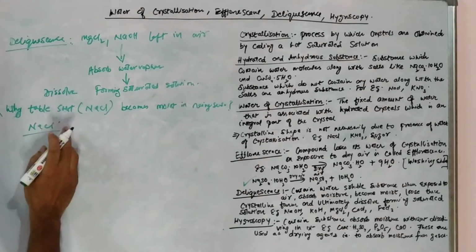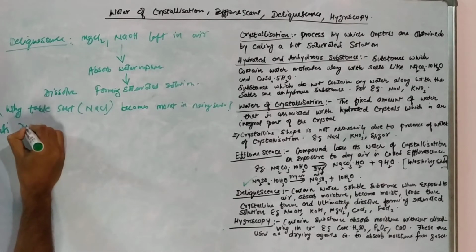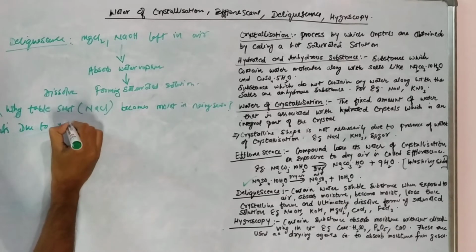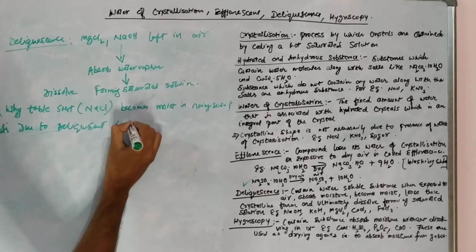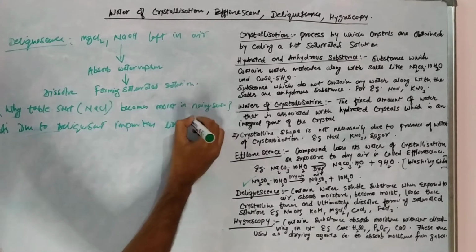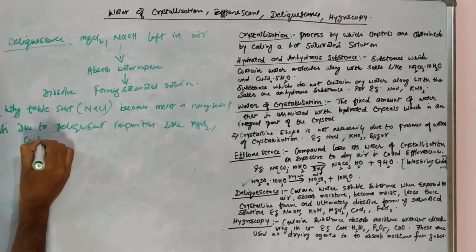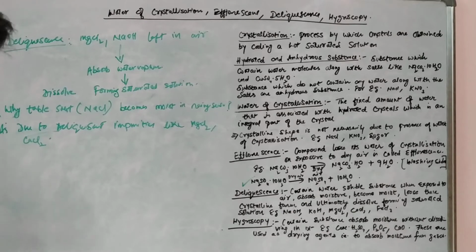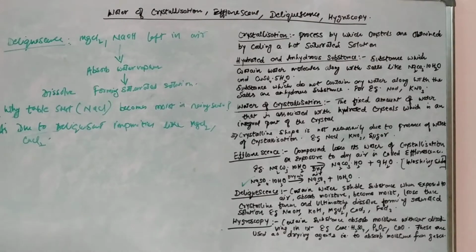So why does it become moist? Because of deliquescent impurities like magnesium chloride and calcium chloride, right? So this is deliquescence. You can just take all these things down, so that you will remember it.